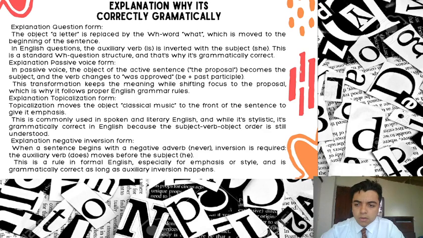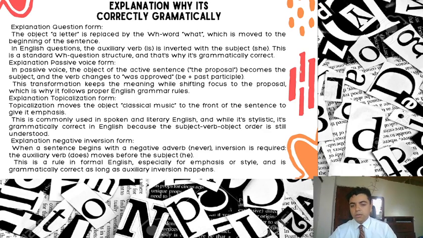Explanation, passive voice form. In passive voice, the object of the active sentence, the proposal, becomes the subject and the verb changes to was approved, be plus past participle. This transformation keeps the meaning while shifting focus to the proposal, which is why it follows proper English grammar rules.